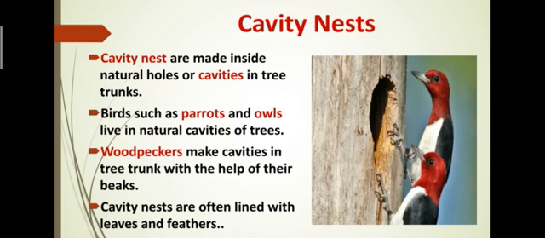Birds like parrots and owls live in natural cavities of trees. The other bird, the woodpecker, uses its beak to make a cavity in the tree trunk. The cavity nests are often lined with leaves and feathers.